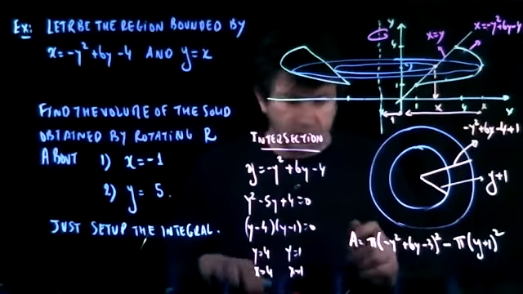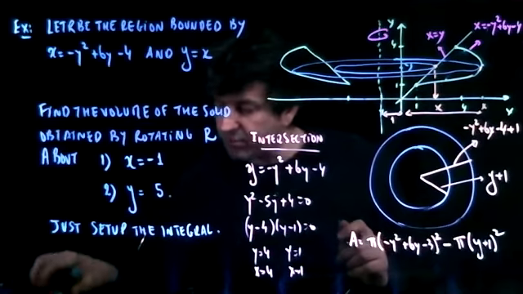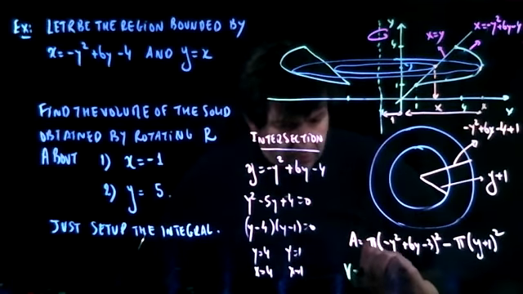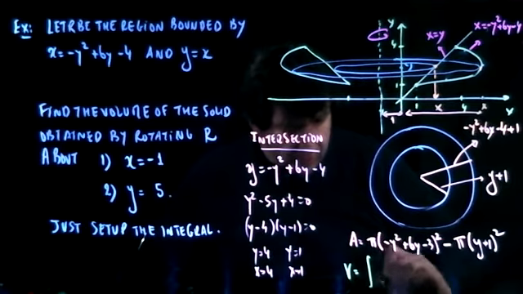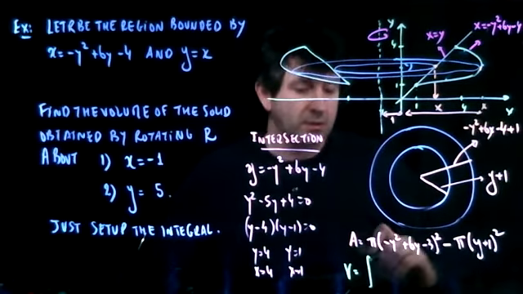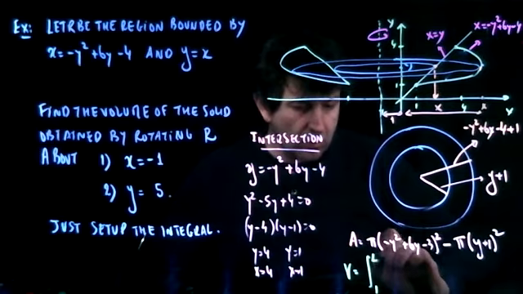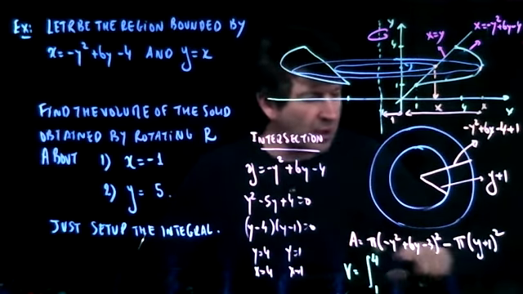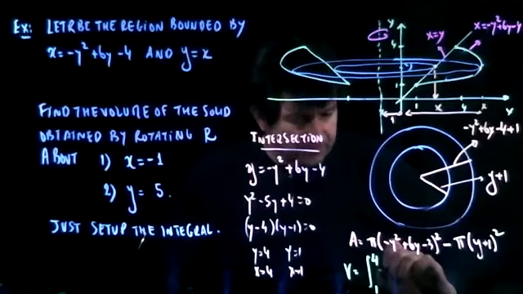And now I could set up my volume integral. V is the integral, y goes from what to what? From 1 to 4 of this.